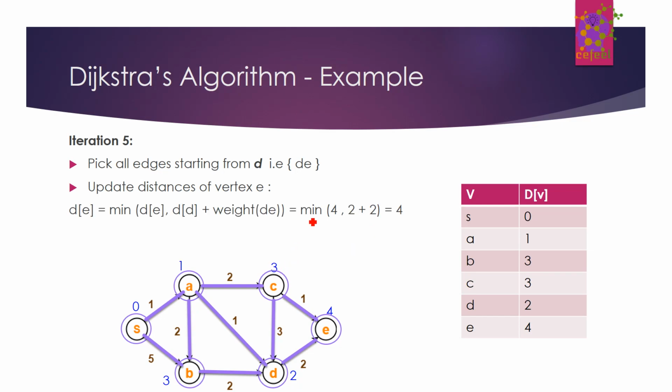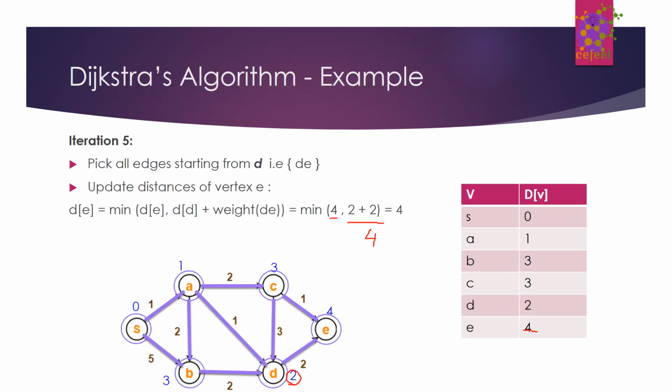The new path is DE, and the distance of D was 2, so we have 2 plus 2, which is 4. And what was the earlier shortest distance of E, which was also 4. So which means we have just figured out another path of 4. So in this case we may update or we may not update, because the distance still does not change, so the distance remains the same.